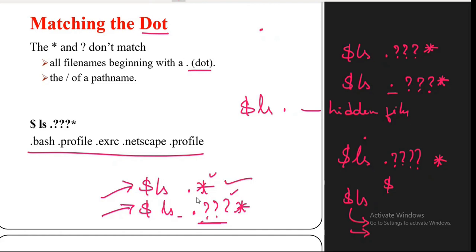The first command tells dot followed by any number of characters. Even if it has a single character, it will display. But in this case, all the files have a minimum of 3 characters and it can be any number of characters followed by dot. So try to execute these examples in your system, then only you will understand.